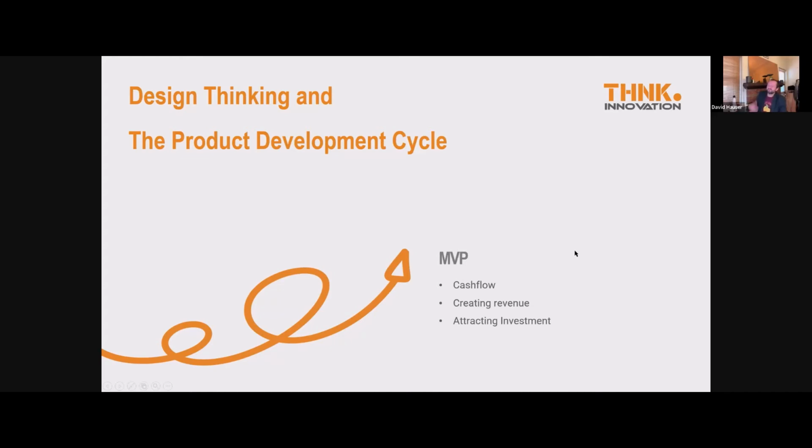So what comes after the first development cycle? You get traction, you have some customer validation, first prototype testing. At some point, you have to make cash flow. You have to create revenue. You want to attract investment. That's what you do with an MVP kind of product or service.